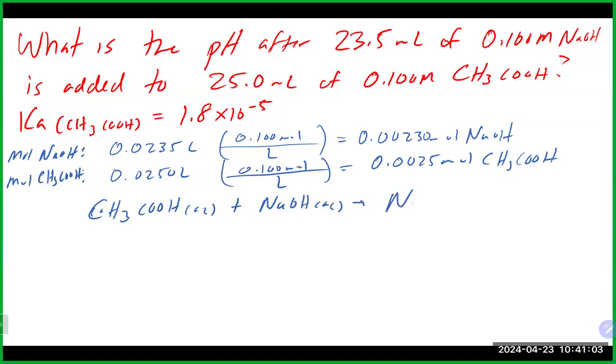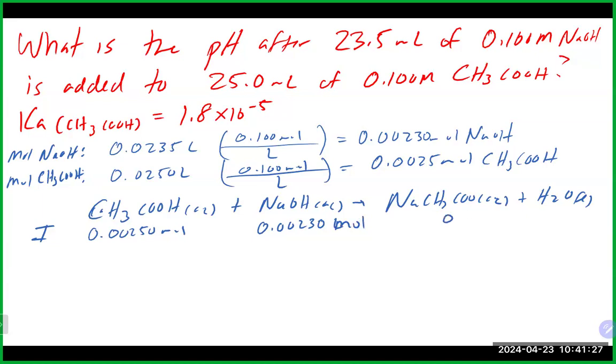Going to give us some sodium acetate, just like previously, and our H2O here. Using our initial moles of our acetic acid, 0.0025, our moles of our sodium hydroxide there, and 0 here.